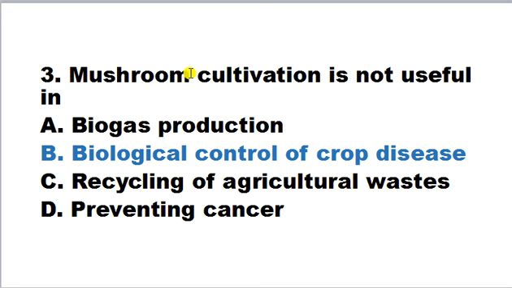It means mushroom cultivation is useful in preventing breast cancer, and it is also useful for biogas production, and we can also say that its controlled cultivation is also useful for recycling of agriculture waste. But here is option B, biological control of crop disease. Crop disease cannot be controlled by mushroom cultivation. So correct answer is B here.